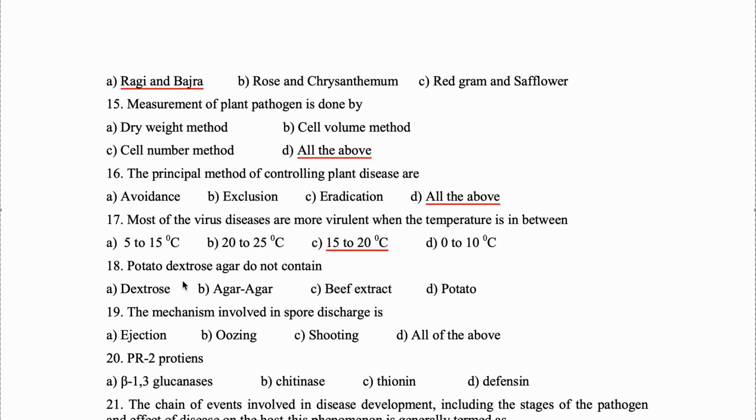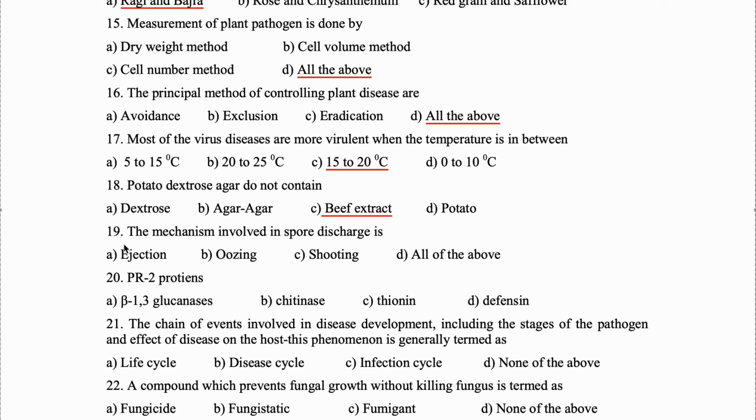Second is dextrose, 20 gram of dextrose. The third is agar, again 20 gram of agar. So we require dextrose, agar and potato. So which is not required? Beef extract.